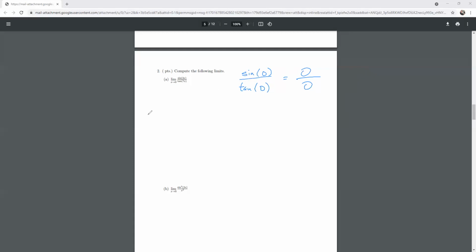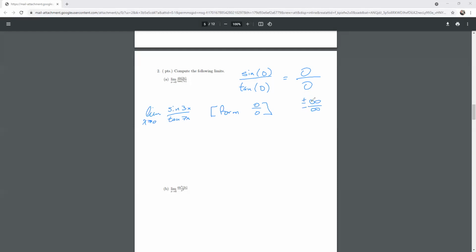So the limit as x approaches 0 of sine of 3x over tangent of 7x has the form 0 over 0, I like to write this notation. So that calls for L'Hopital's rule because it's in that form. The only other case where you can use L'Hopital's rule is when you have infinity over infinity. They could be plus or minus, of course, it doesn't matter.